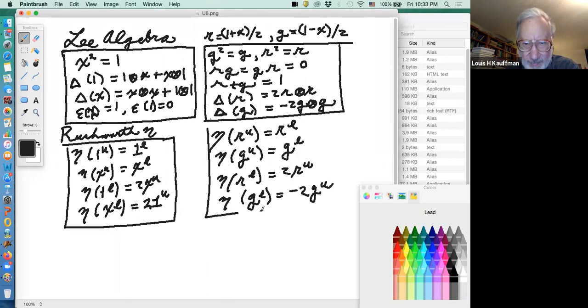Okay? And that will follow from this with these definitions. I think it's worth doing this exercise a little bit, and you could have some fun doing the rest of it yourself.